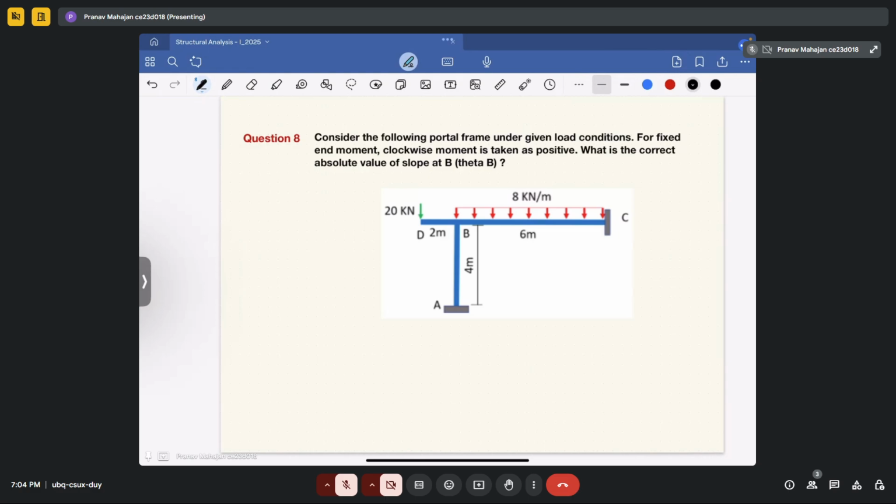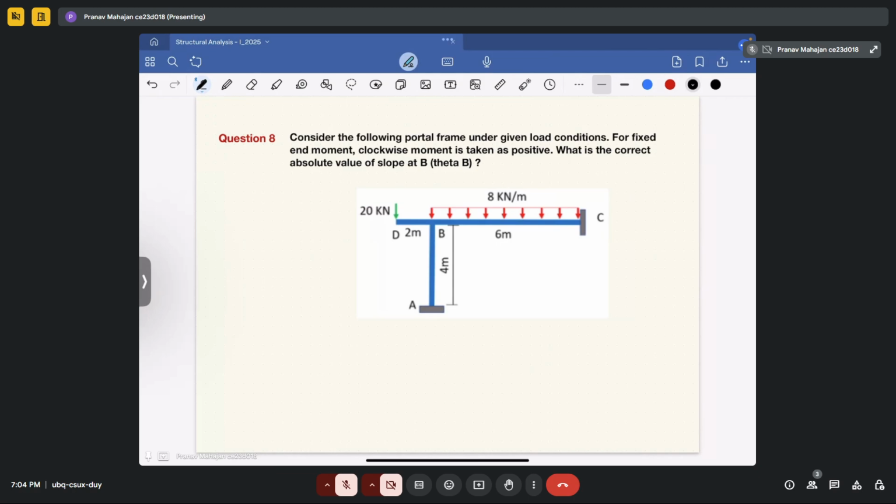Okay, so your next problem is similar to the portal frame. Okay, so this is your frame in which on span BC we have a loading of 8 kilonewton per meter, and on the cantilever end in the span BD we have a moment of, sorry, not moment, a concentrated load of 20 kilonewton.